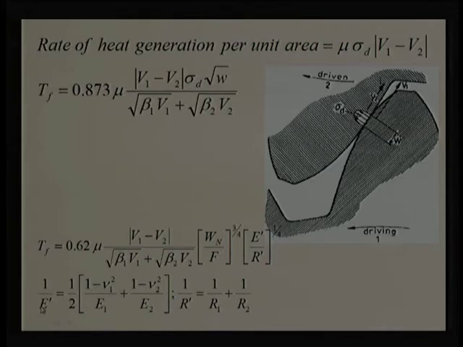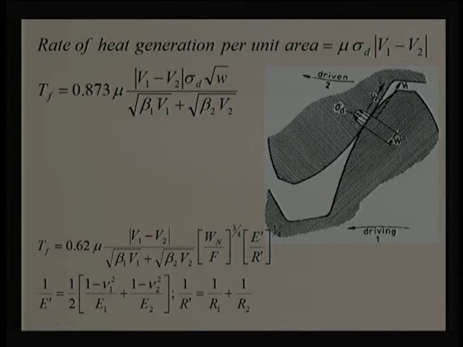Once we have the effective Young's modulus and effective radius of curvature, we can go ahead with finding sigma d, because sigma d is a strong function of material properties and radius of curvature, which have been discussed in our basic module, when we discussed the elastic deformation.